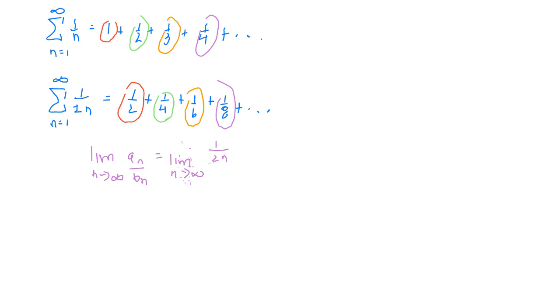Okay, so 1 over 2n and 1 over n. So this is 1 over 2n times n over 1.